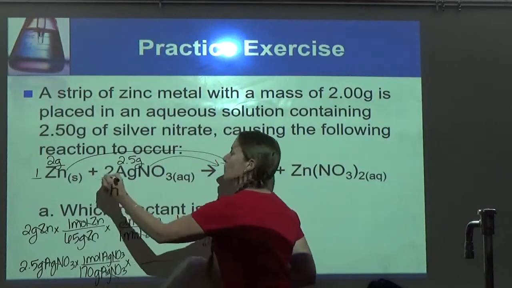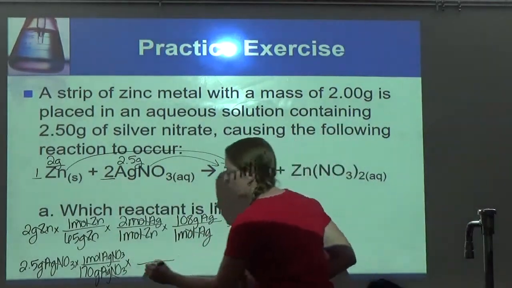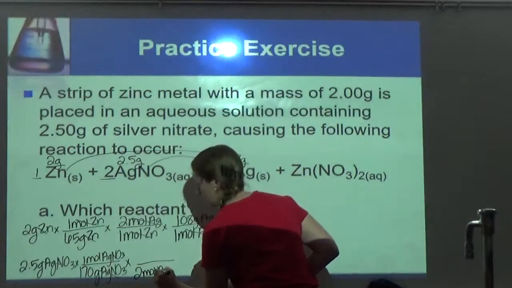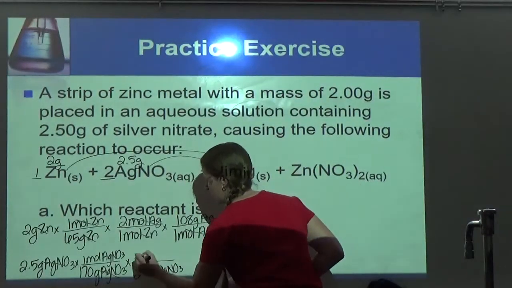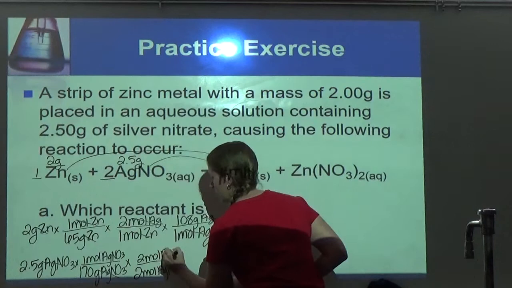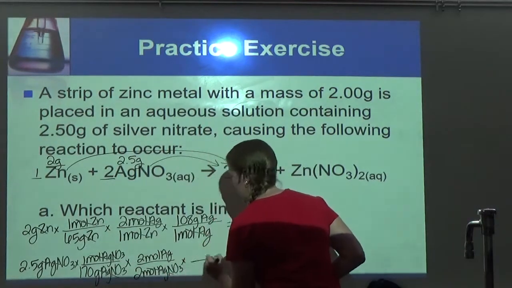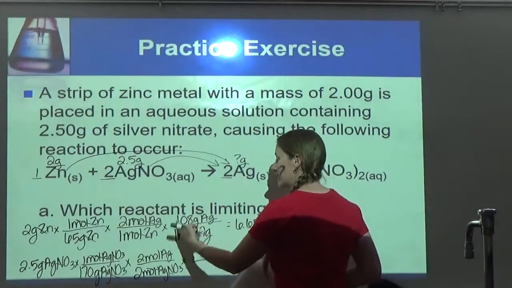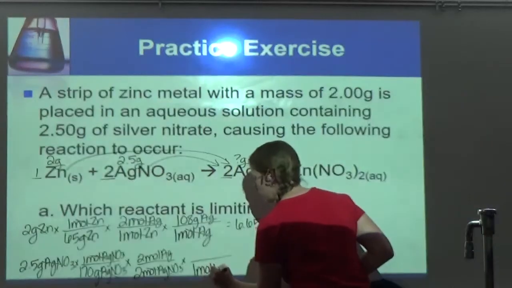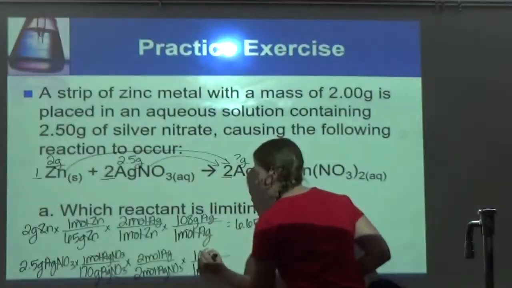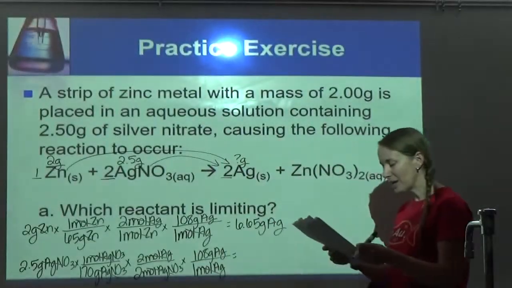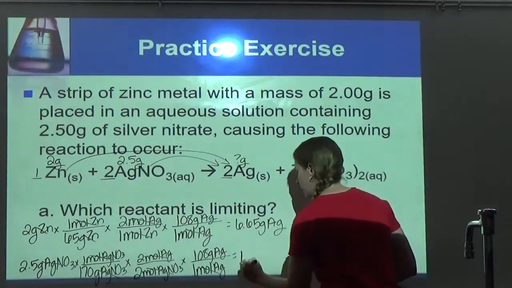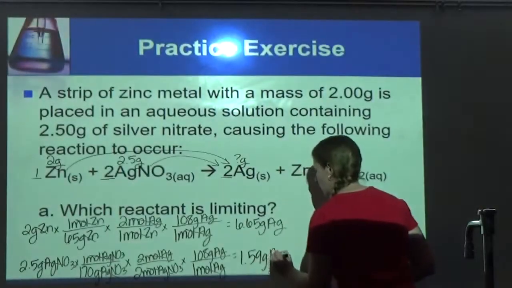So I can see 2 moles of silver nitrate makes 2 moles of silver. All right, last step is, of course, to get to grams of silver. So I can use the same step. 1 mole of silver is 108 grams of silver. So once I multiply and divide for this one, I got 1.59 grams of silver.